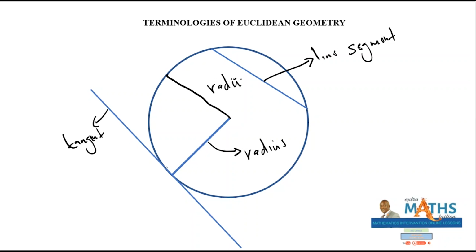Remember that when you have a tangent, you have 90 degrees, which is perpendicular to a tangent. But don't worry, we'll deal with that when we talk about tangents. Lastly, if we have a radius passing through the center, it is no longer called radius, it is now called diameter.